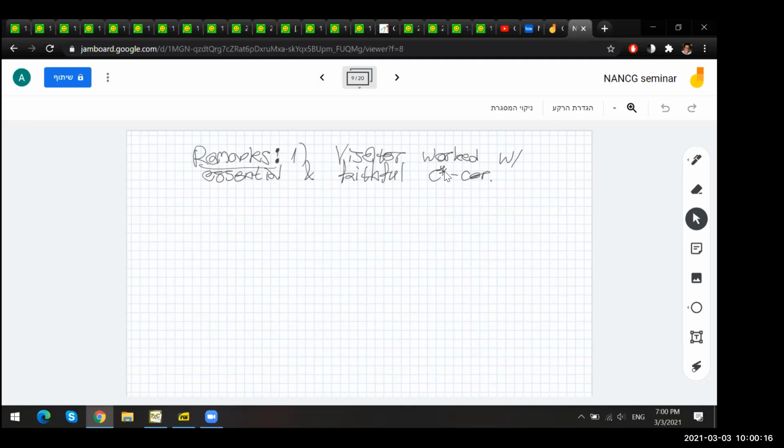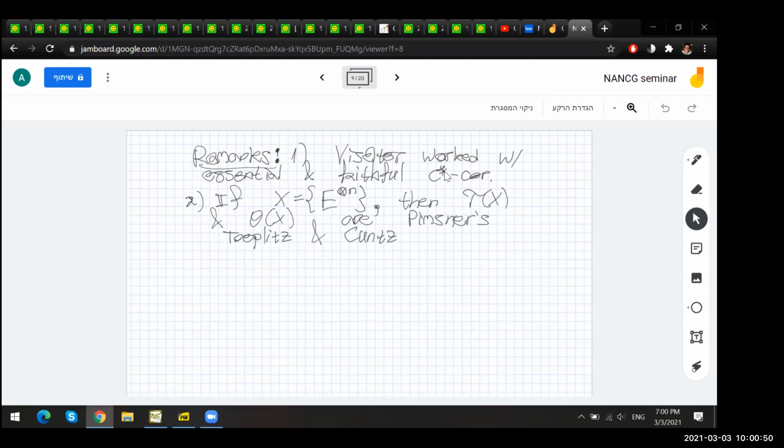And indeed, remark number 2: if my subproduct system is just tensor iterates of a single C-star correspondence, then the Toeplitz algebra and the Cuntz algebra of the subproduct system are just Pimsner's Toeplitz and Cuntz-Pimsner algebras.